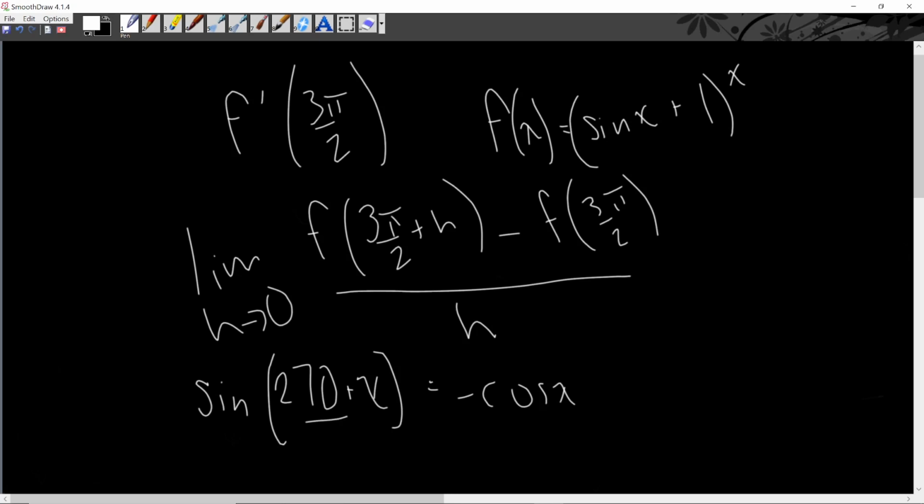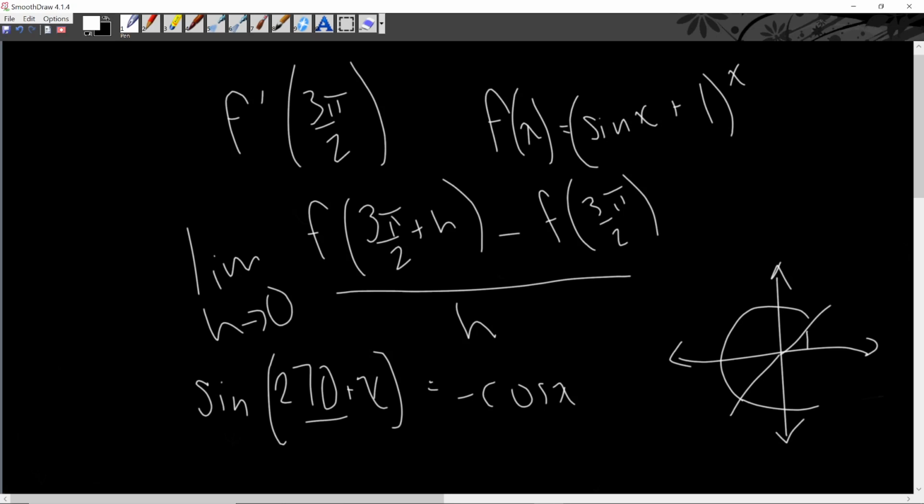This is just a relationship. If you draw your unit circle and say this is some angle of x, then if you go 270, right, that's 180, so 270.